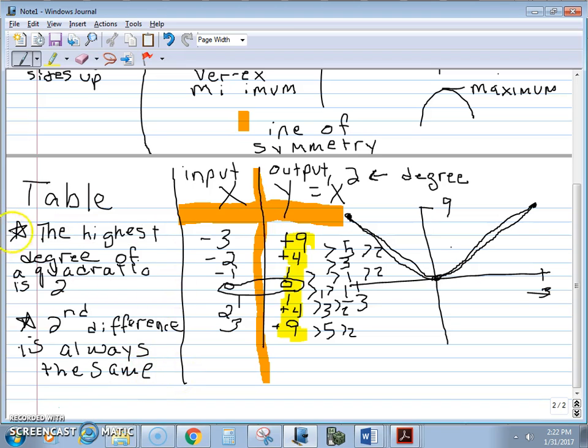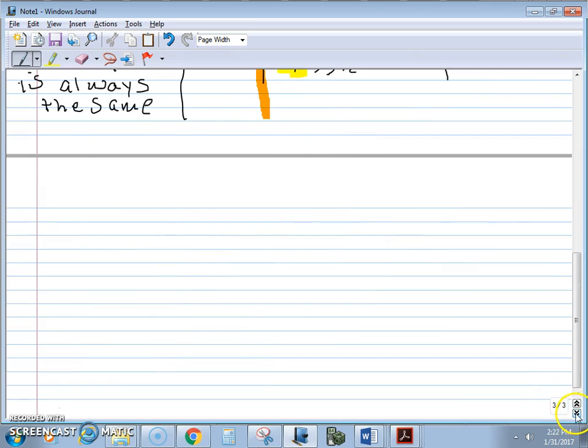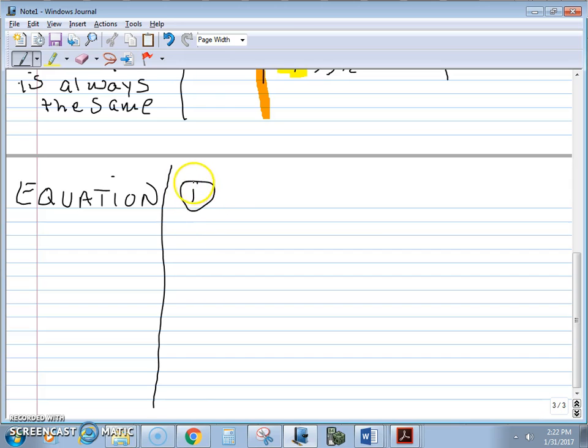So we have, what does it look like in a graph? What does it look like in a table? What's last? What does it look like in an equation? Okay, we have 3 types.